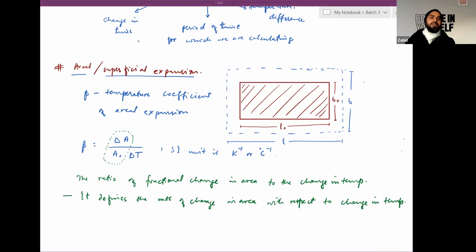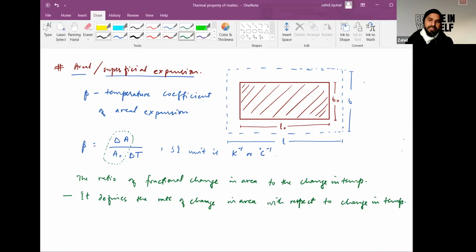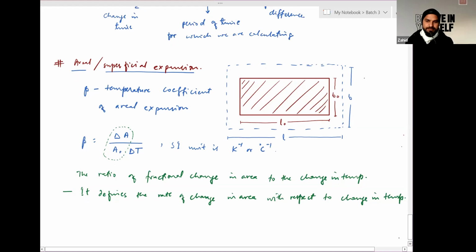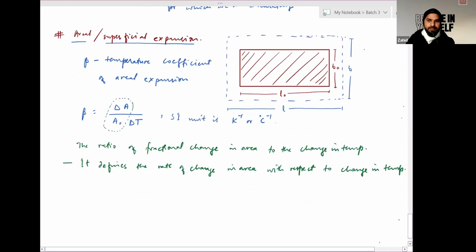So if you expand this formula to get the final area at any temperature T, let me simplify it.